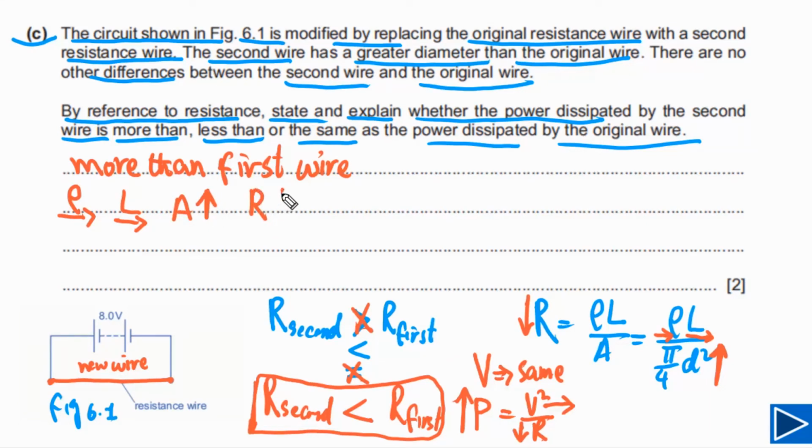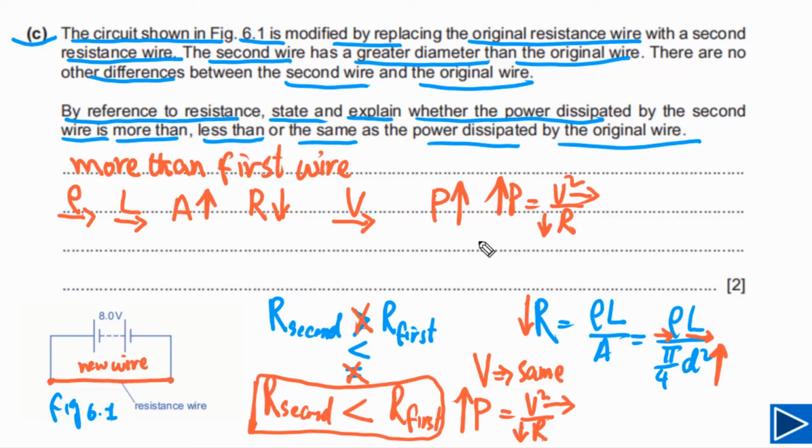It means the resistance is lower. As resistance is lower but potential difference is the same, power dissipated is greater because power dissipated is equal to V squared divided by R. If R is lower, the power has to be greater because the potential difference is the same. These are the points you have to mention in your answer.